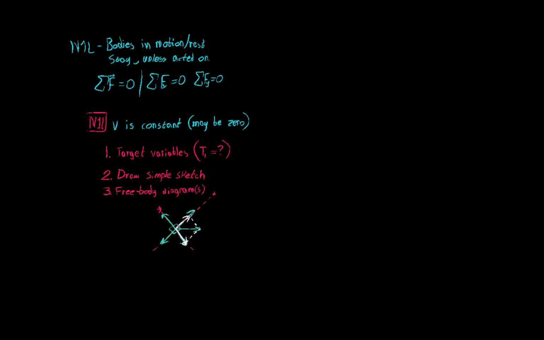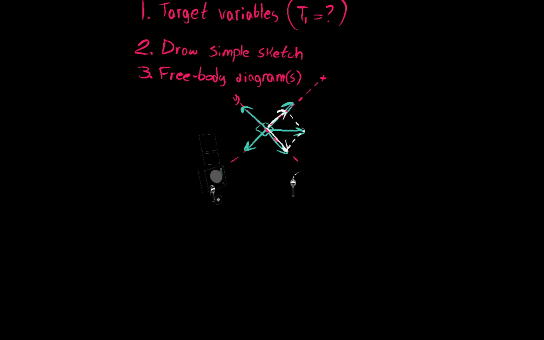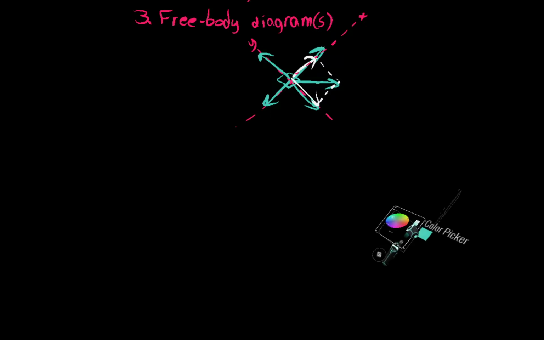All right, so then that would be the free body diagram, right? That was step 3. Step 4 would then be to find your equations that you need to solve for your target variables.